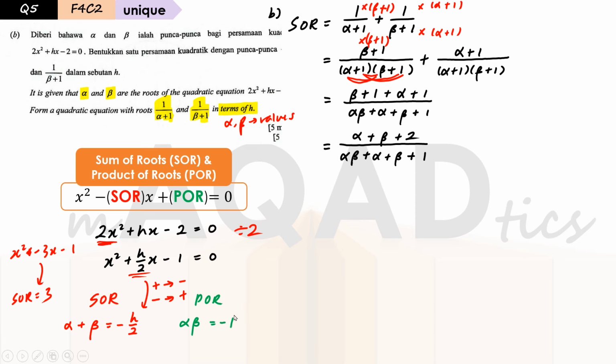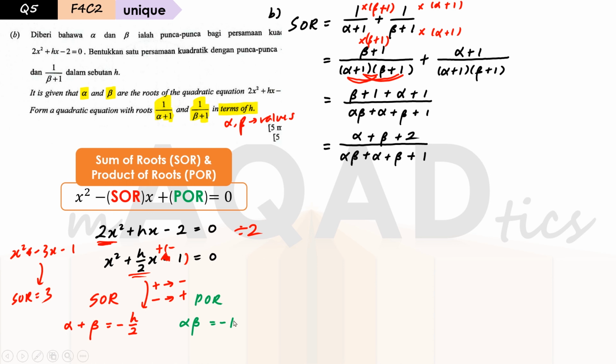So our POR would be negative 1. This one we don't need to change the sign, because if we split this negative to have positive, it's still positive negative. The 1 is still a negative value, because here it's positive. So we don't need to change the sign. It will remain as negative.